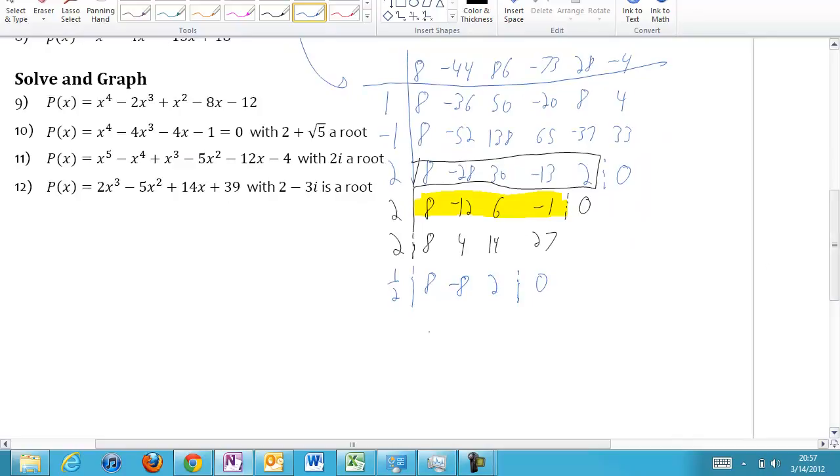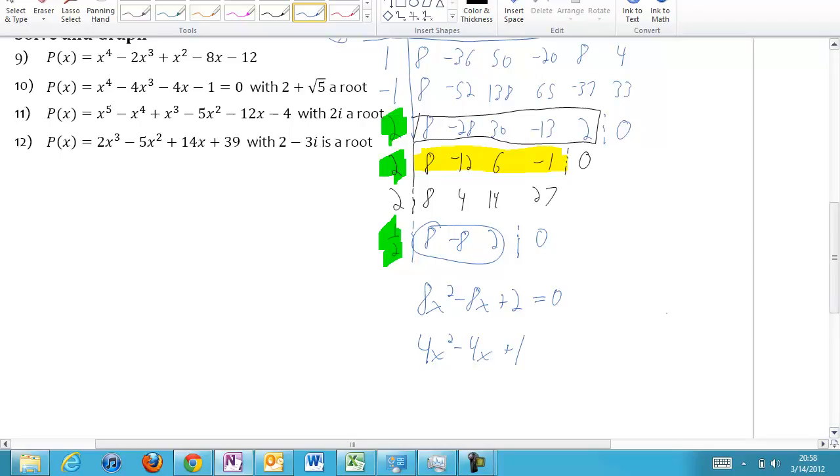Now if I look at these coefficients, this is 8x squared minus 8x plus 2 equals 0. And I already now have that 2, 2, and 1/2 are roots. So we're just trying to figure out what the remaining ones are. Well, I can at least cut that all in half: 4x squared minus 4x plus 1.